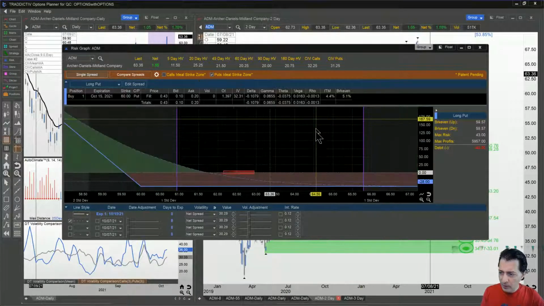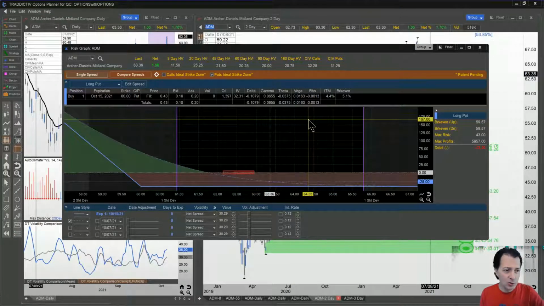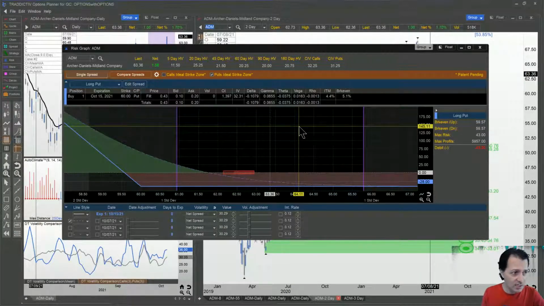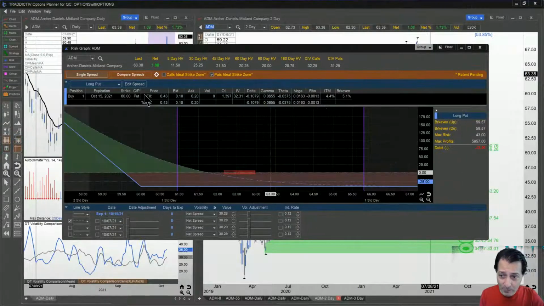This would be the trade I would have in my account if I do what I just suggested, which is close the 33 shares, given that I already closed the 55 put at 5 cents. So close the 33 shares, collect $99 in profit. I closed already the 55 puts, which made me 35 minus 5, $30 of profit. So I am now left with a 60 put that expires October 15, where the net cost of this put is now 43 cents, if I add all the math I just discussed.